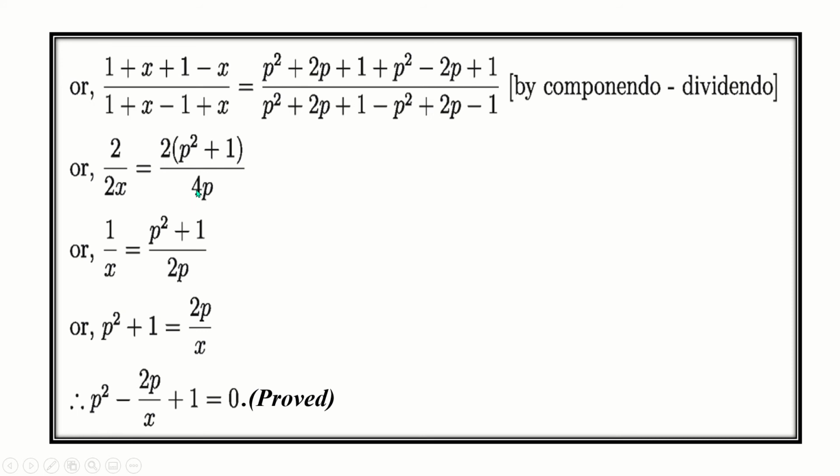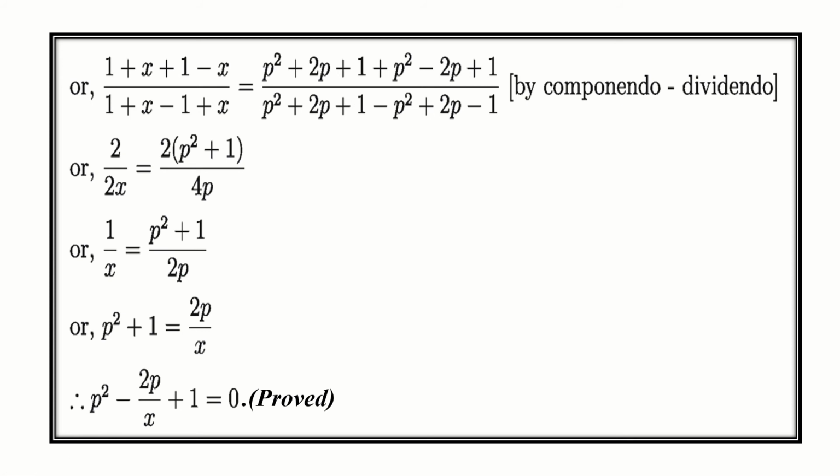Now this 2 and this 2 cut, and 2 and 4 cut, so here will be 1 divided by x, and here p square plus 1 divided by 2p.